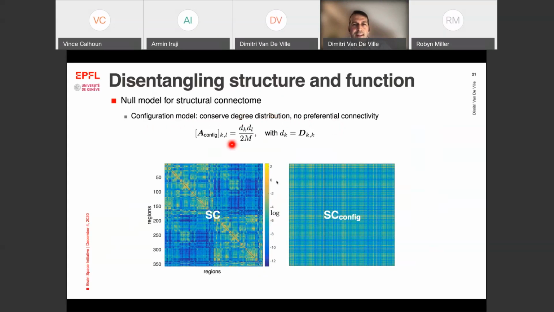Mathematically, it is constructed as the outer product of the degree vector with the proper normalization, basically spreading out the total edge strength of each node across all other nodes. To visualize this, here you have the original structural connectome, and this is the configuration model computed out of it.